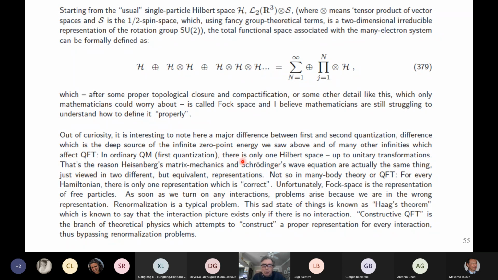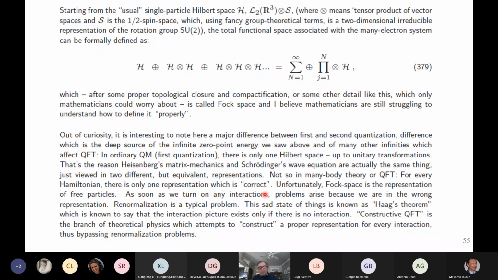And that's what Tomonaga, Schwinger, and Feynman did in the immediate post-war years, when they found a way to renormalize quantum electrodynamics and get finite numbers out of their calculations. The correct way to do it, well, I'm not implying that it's not correct, but a formal proof that what Tomonaga, Schwinger, and Feynman did was correct came from constructive field theory, which is building, for a given interaction, the proper Hilbert space which is associated with that interaction, which is not isomorphic to the Hilbert spaces associated with other interactions.